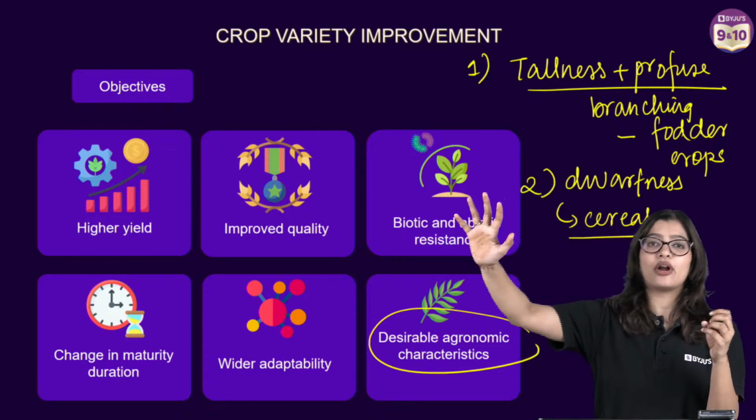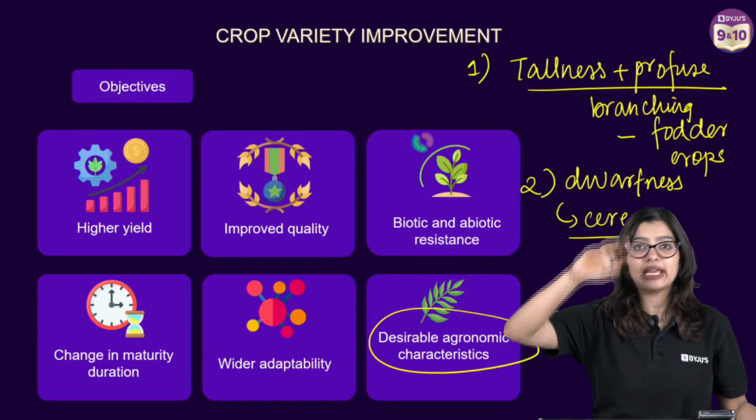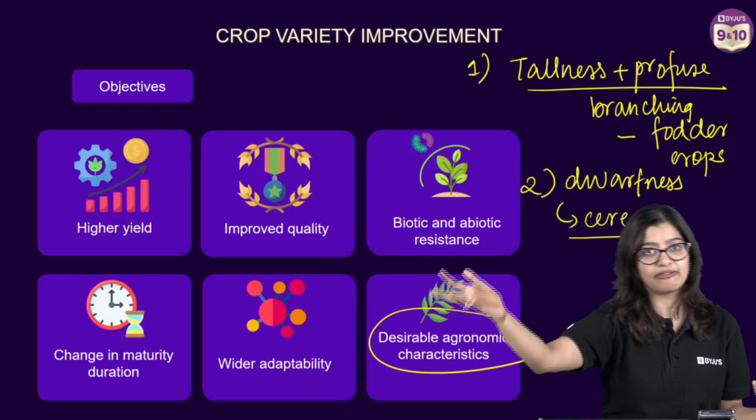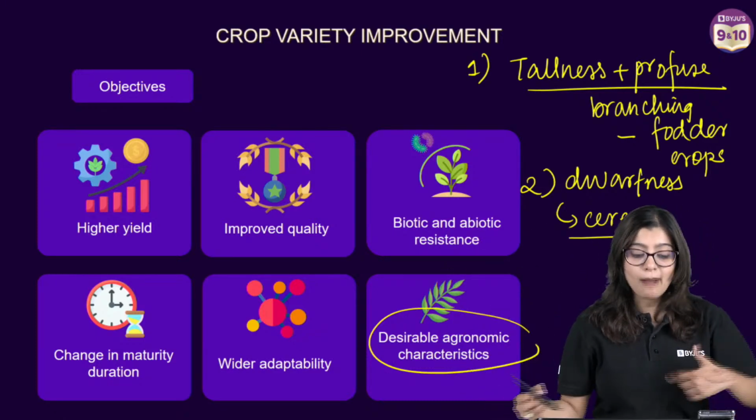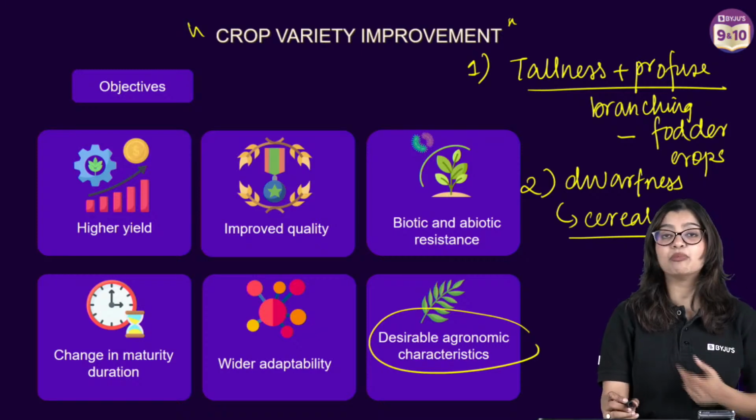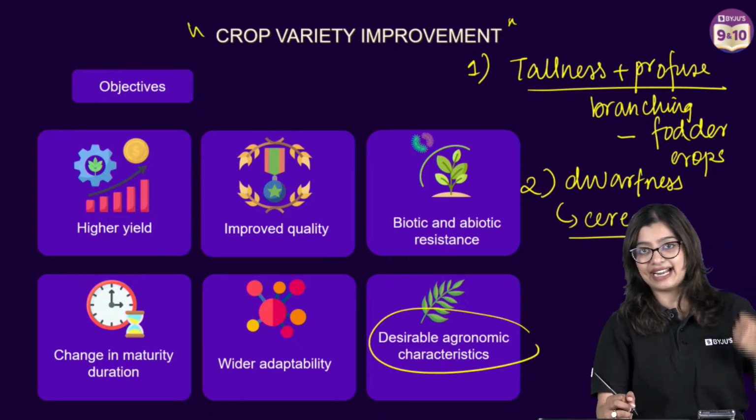Imagine in all ways I want it to be perfect. There is no crop which is perfect, but I can constantly improve the existing crop. So crop variety improvement aims at improving the quality or the variety that exists.